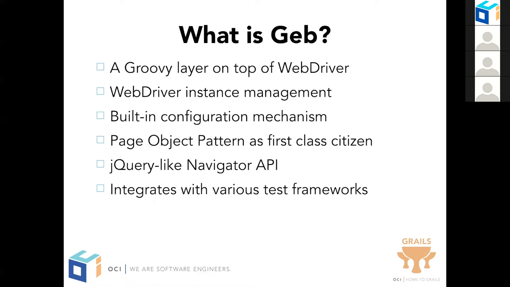So Geb is a layer on top of WebDriver. If something is not available directly in Geb, or some syntactic sugar for something is not implemented in Geb, you can always directly get hold of a WebDriver instance and use that should you need to.